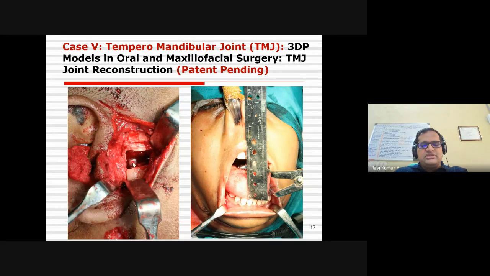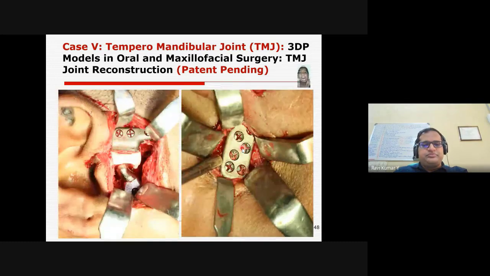And once this fusion of the joint has been released, she now has a 5 centimeter opening of the mouth, a normal opening. And ultimately it has been fixed from the upper jaw side with screws, and from the lower jaw side, this is the one that got fitted.